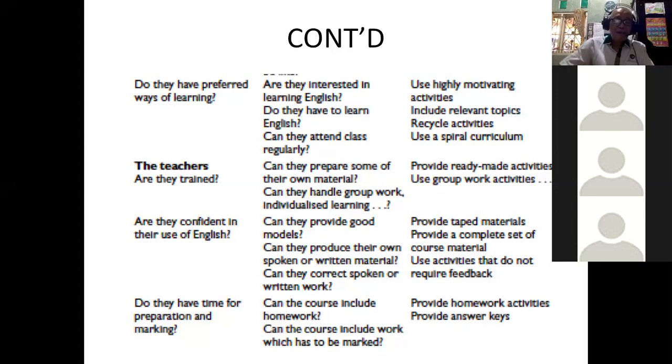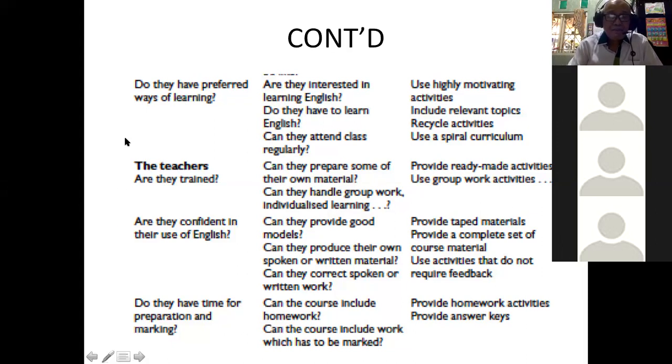Or you may also consider multiple intelligence. If you have heard about multiple intelligence, are they dominantly linguistic? Are they dominantly musical, and so forth? So that might be considered in order that you can provide a better and more effective curriculum.